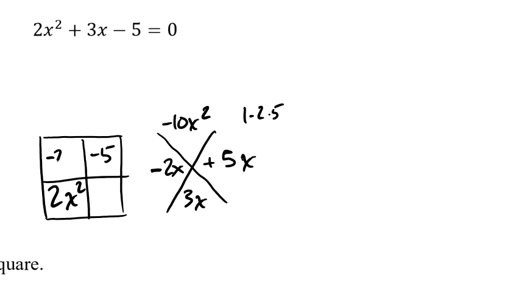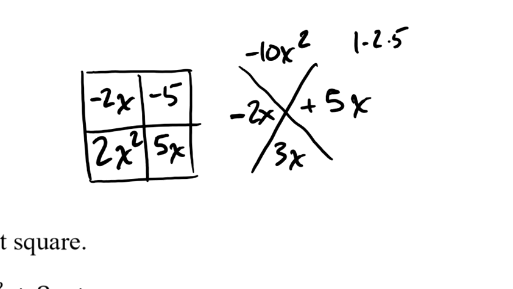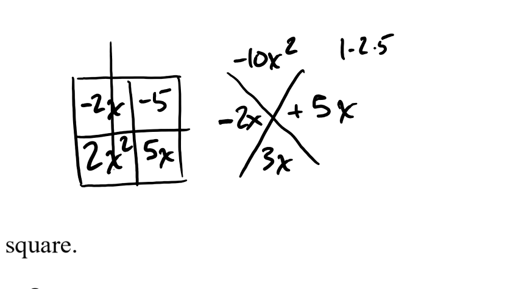So in here I'm going to write the -2x and the 5x, and then I'm just going to go ahead and factor out the greatest common factor. The greatest common factor this way is going to be 2x, and then I'll take out the greatest common factor for those, which is just plain old x.